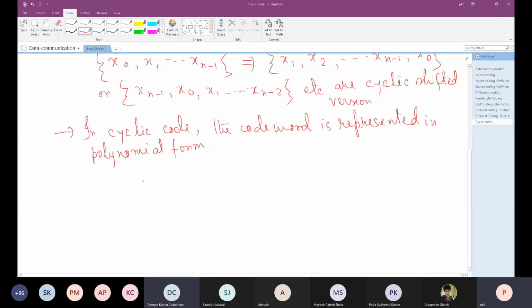So that means x of D is a polynomial, equal to x0 plus x1D.